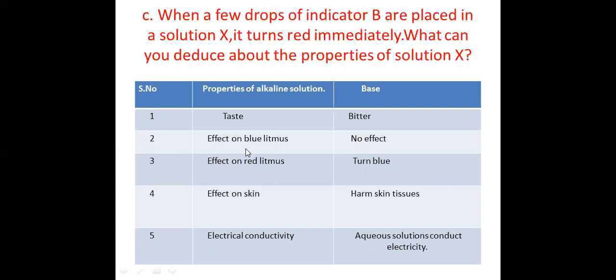Alkaline solutions show no effect on blue litmus paper, but they turn red litmus paper blue. They harm skin tissues, and in aqueous solution, they are good conductors of electricity. Are these five the properties of an alkaline or basic solution?